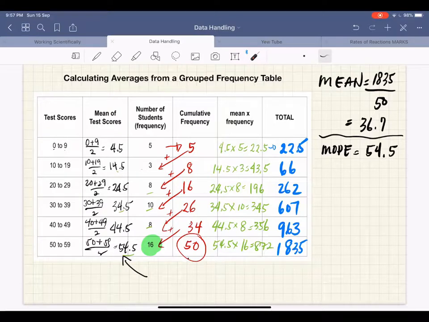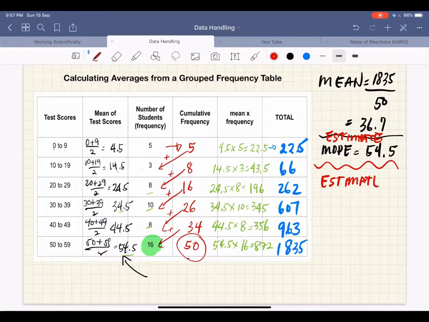We do not know the exact value because they are intervals, so what we need to do is estimate. The next thing we're going to do as well is to estimate the median. Again, because we have class intervals, we don't know exactly where the median is, so all we can do is estimate.